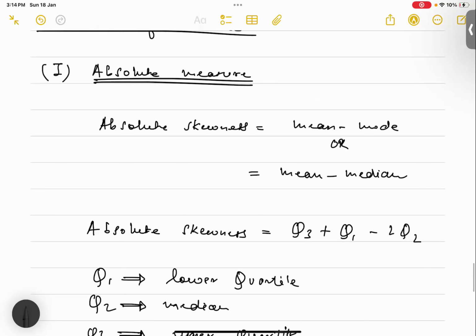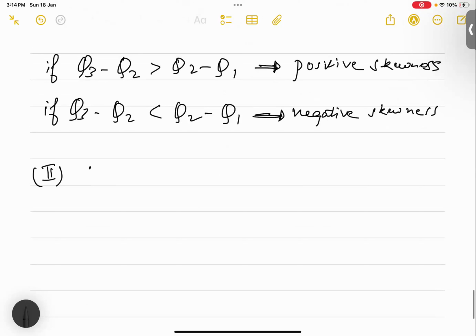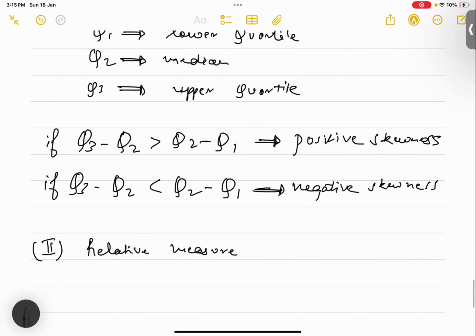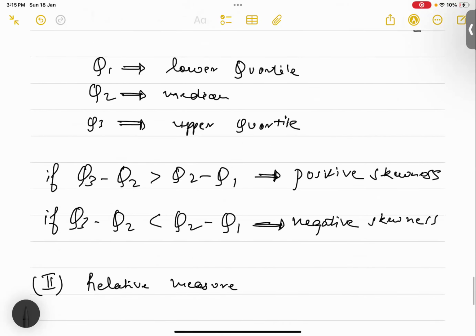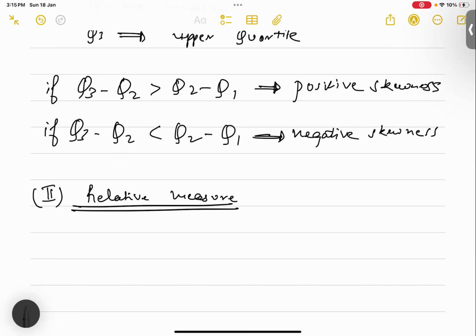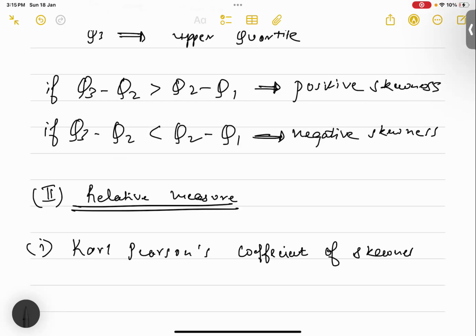Second, after absolute measure, a relative measure. First one, Karl Pearson's coefficient of skewness, SKP.